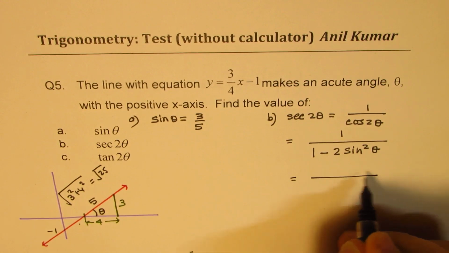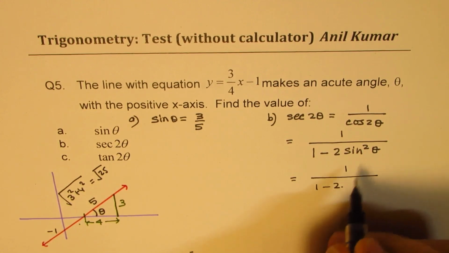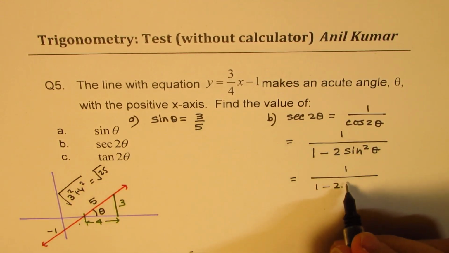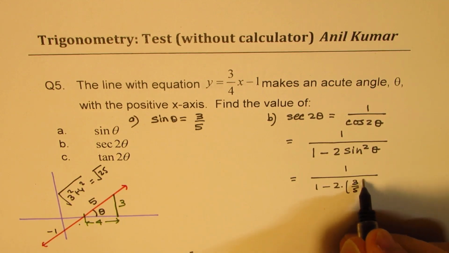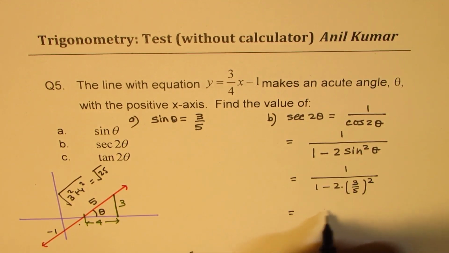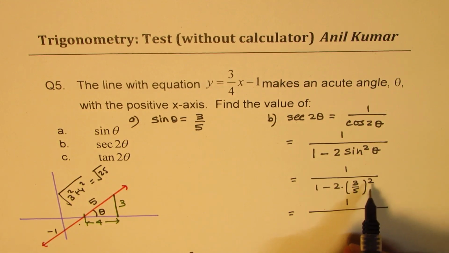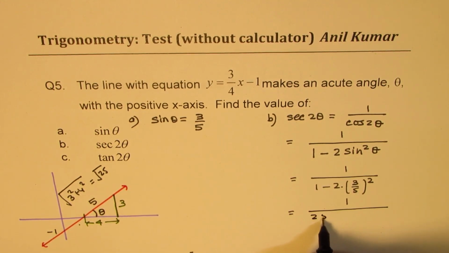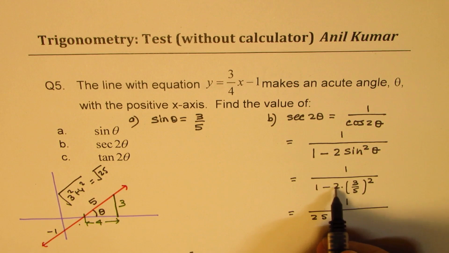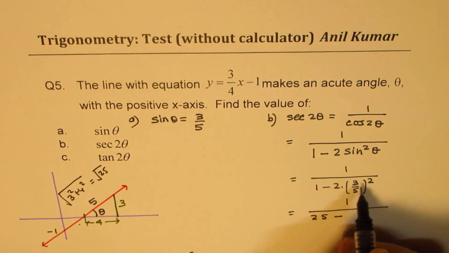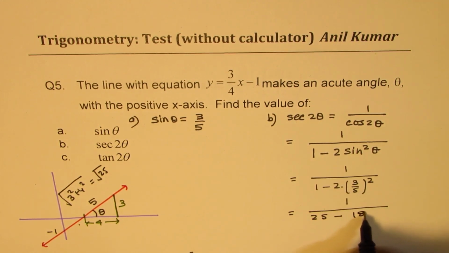So that gives you 1 minus 2. Sine theta is 3 over 5, so we have 3 over 5 whole square. The calculator is not allowed, okay? That's kind of important. So which is 1 over, now this is 5 square, which is 25. So we can write this as 25 minus 2 times 9, so 18, everything over 25, so I can take it up here.